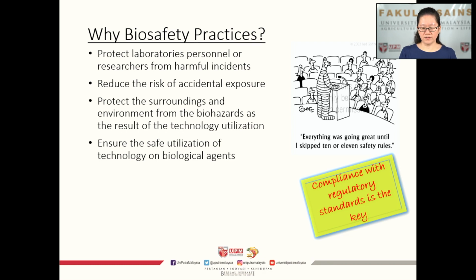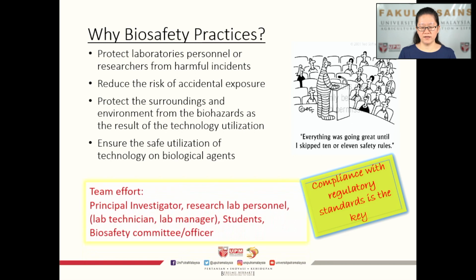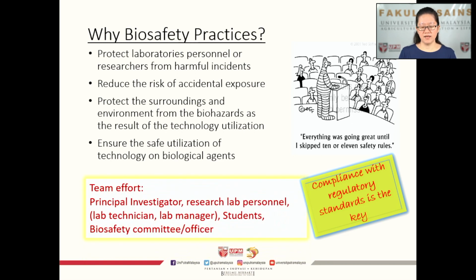And this is not the responsibility of one single party. This is a team effort that requires the commitment and cooperation of everyone involved in such a project, which includes the principal investigator, research lab personnel, students, and also the biosafety committee as well as the biosafety officer.